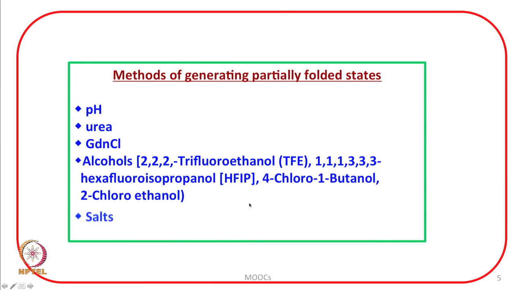The next category can be salts. Let me discuss how salts can be used to generate the partially folded state or molten globule like state in a protein. I just discussed that if we keep on lowering the pH, at very low pH, extensively positive charge will be there on the protein because of strong protonation.